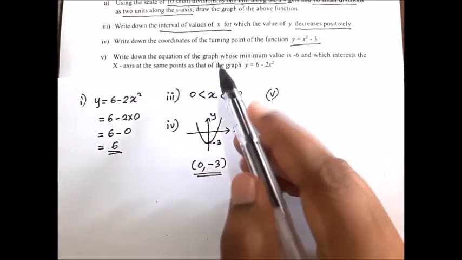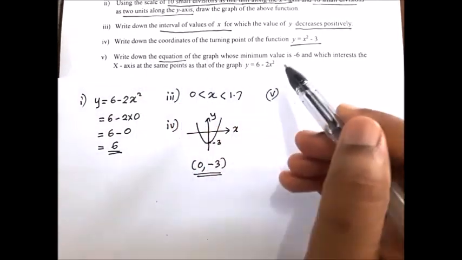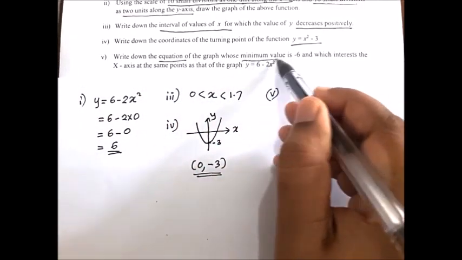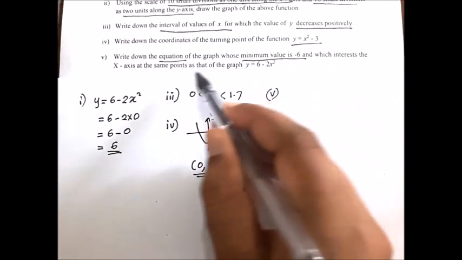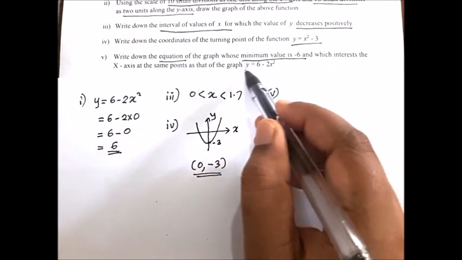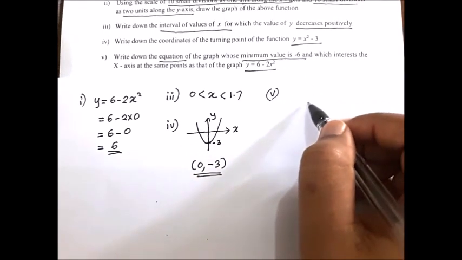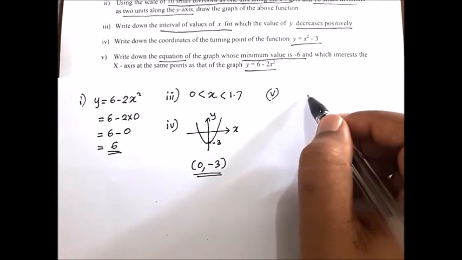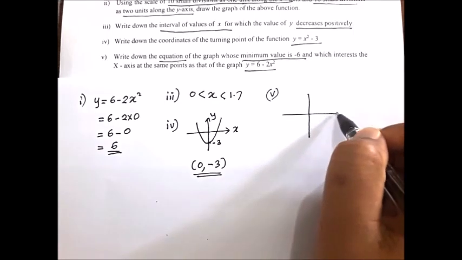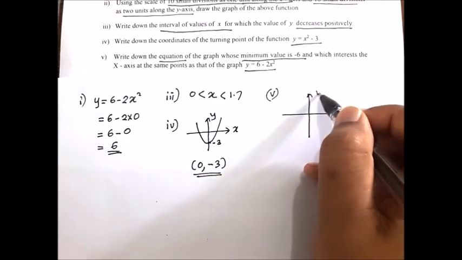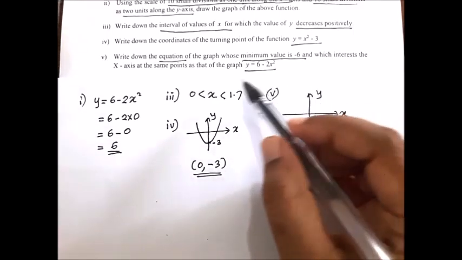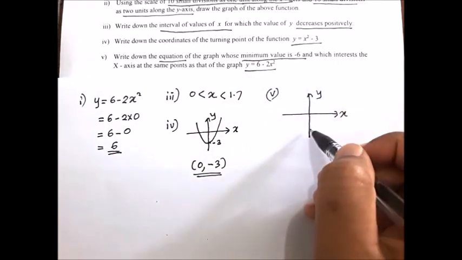Write down the equation of the graph which has minimum value minus 6 and which intersects the x-axis as the graph of y equals 6 minus 2x squared does. Again I am going to draw a rough sketch of this graph. Minimum value of minus 6.